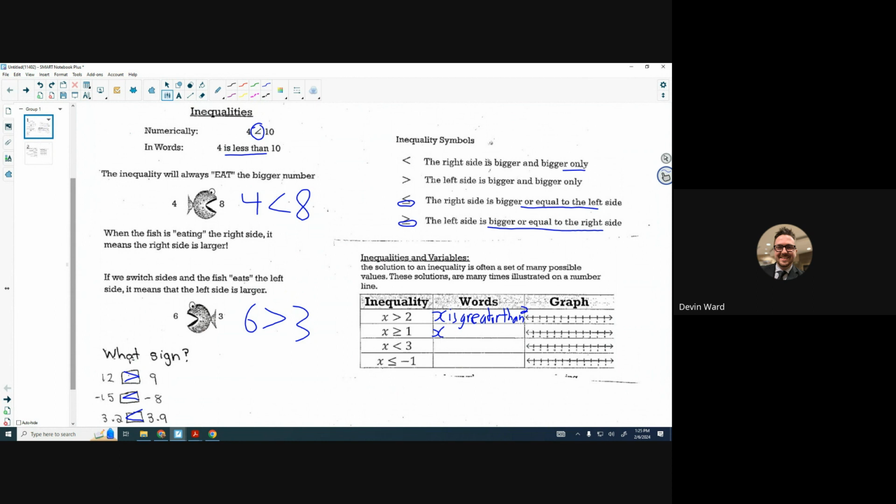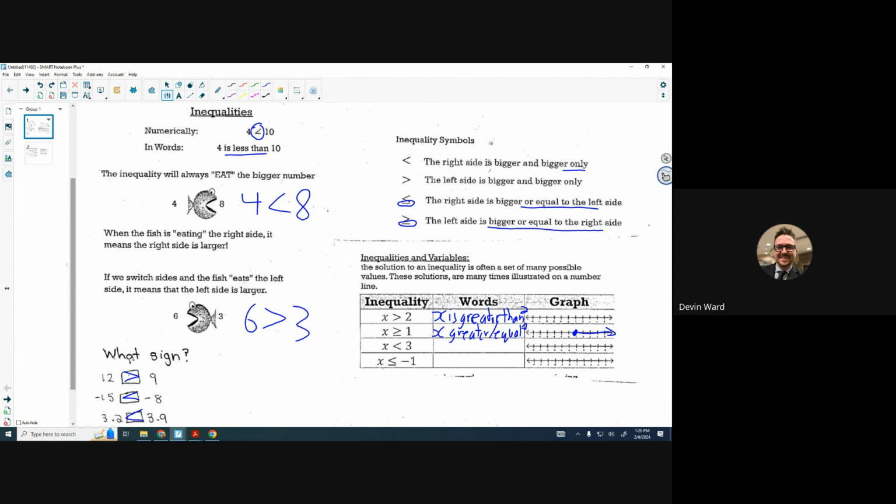So x ≥ 1. We put a dot at 1, and then x is greater than or equal to 1, so I'm going to extend my line this way towards the arrow. So x is either at 1 or it's anything that's bigger than 1.